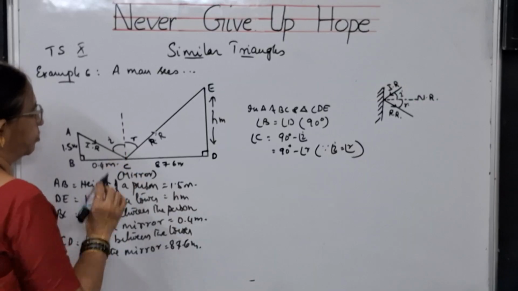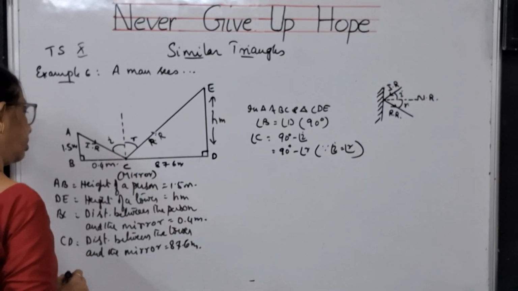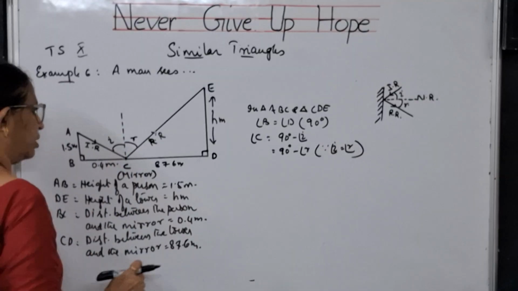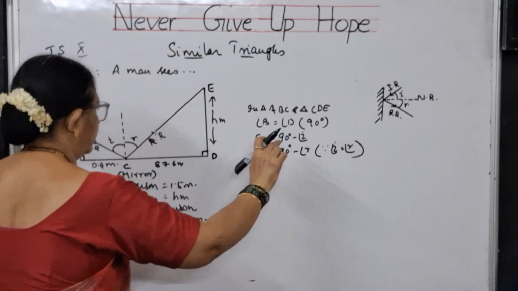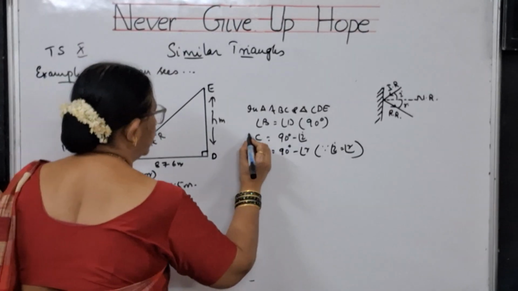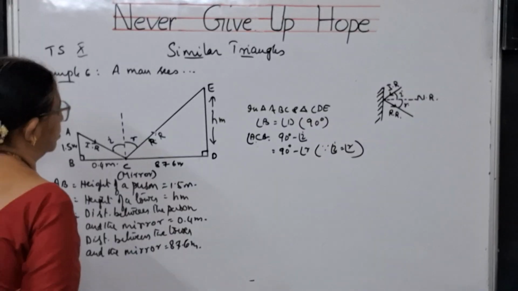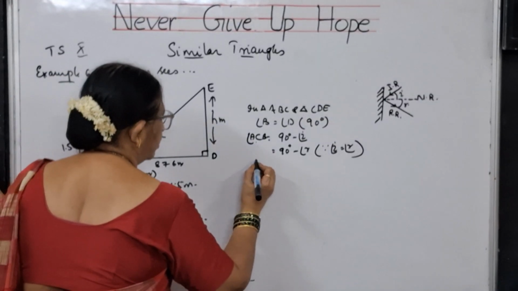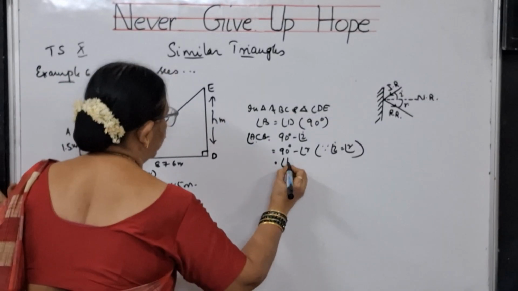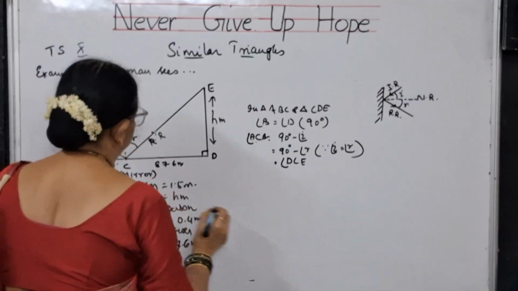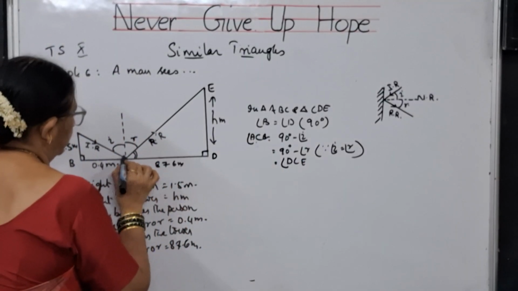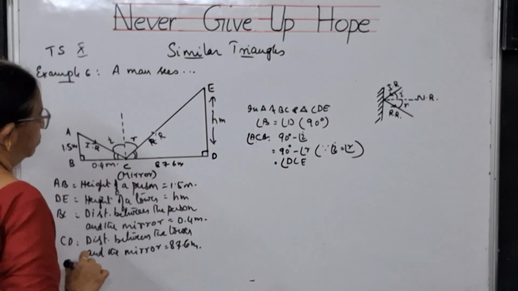So 90 degrees minus I is nothing but, here angle C may confuse you, so let me write it as angle ACB. So 90 degrees minus R can be written as angle DCE, this angle. So these two angles are equal.